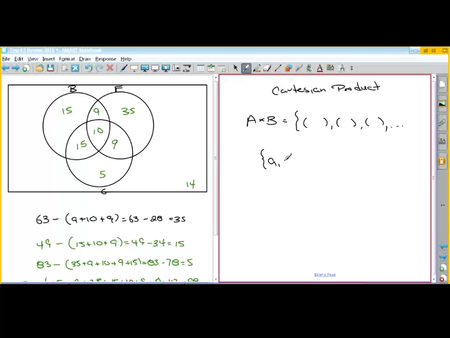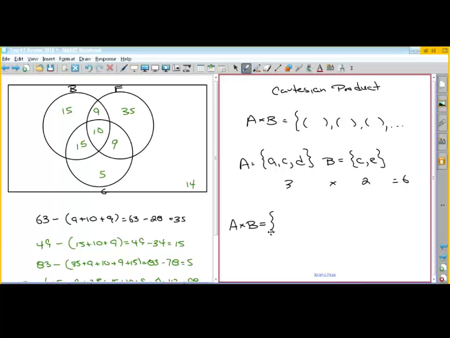So let's say I have A, C, D for set A. They don't have to be numbers. It might be numbers. We're just going to use letters here. And they don't have to be different. You can have C and E. So the Cartesian product, because we have 3 in this one and we have 2 in that one, 3 times 2 is 6. So we need 6 pairs for the result.